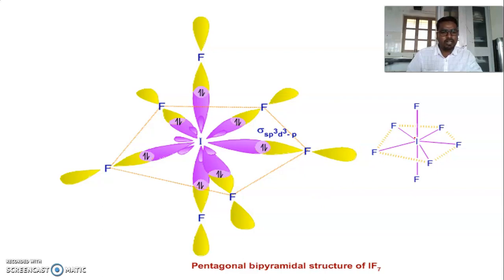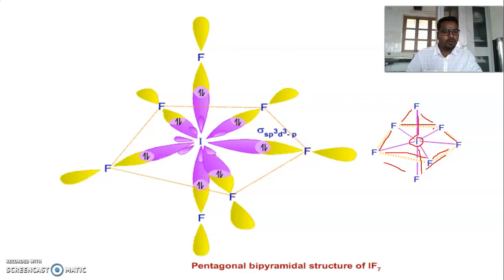Pentagonal means, you just look, iodine is present at the center of this pentagon. See here, 1, 2, 3, 4, 5 fluorine. So this is the pentagon, and one fluorine is above the plane and one is below the plane. So bipyramidal, this is a pyramid shape, one above the plane and another below the plane.